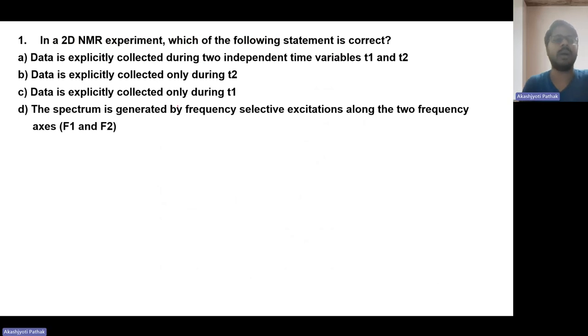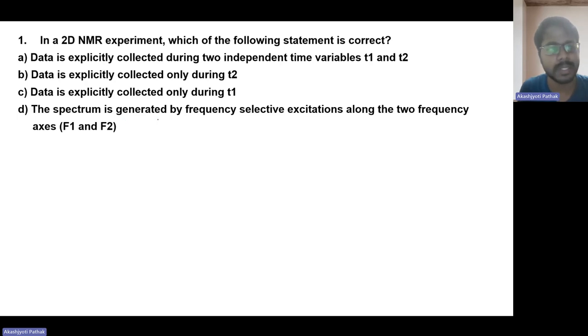Okay. Now, after understanding this, try to answer this question. In 2D NMR experiments, which of the following statements is correct? Data is explicitly collected during the two independent time variables T1 and T2. Data is explicitly collected only during T2. Data is explicitly collected only during T1.